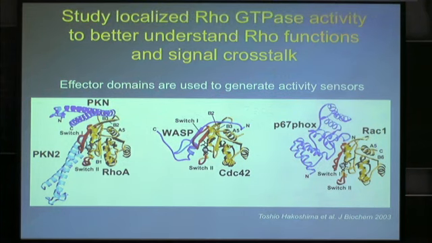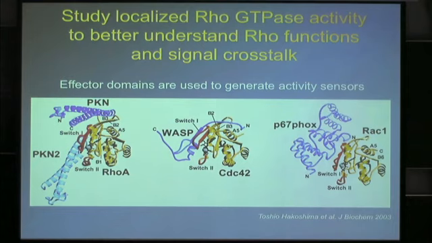Well, in order to study if those models are valid and how the localized signaling is really controlled, more and more groups have used binding domains of downstream effectors, here for example of CDC42, to generate activity probes.